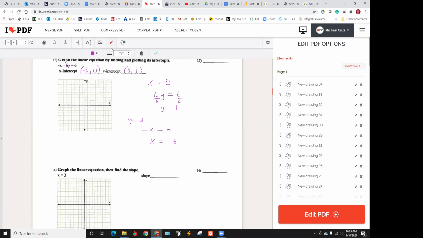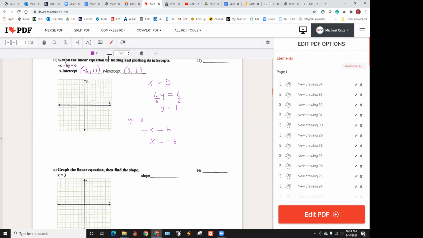All right, so let's put those points on the graph. So we're going to put negative 6, 0, 1, 2, 3, 4, 1, 2, 3, 4, 5.